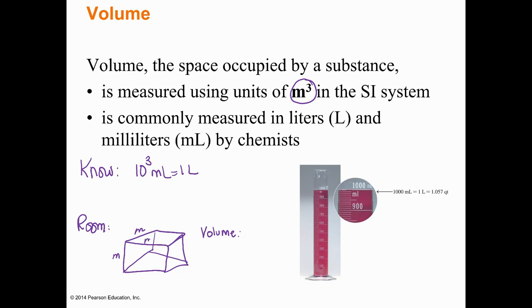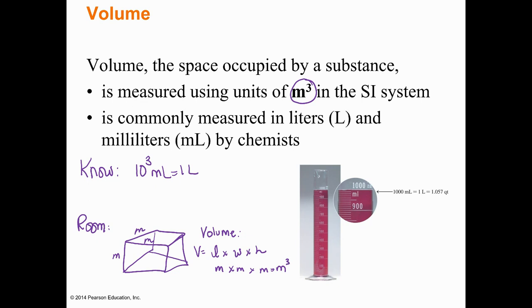So you'd have these 3 measurements, and then to get its volume, you'd multiply. The volume would equal the length times the width times the height. Since you're going to multiply those 3 numbers together, the unit is going to end up being multiplied. So let's imagine that I measured the length of this cube, or I'll just say room, in meters. Then meters times meters times meters would give us a cubic meter.